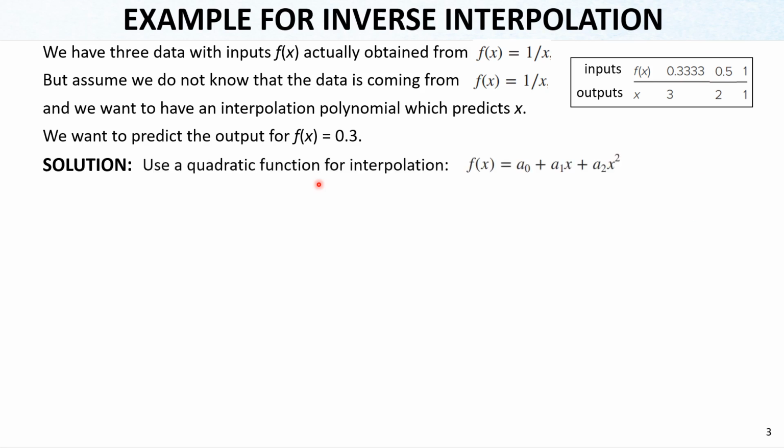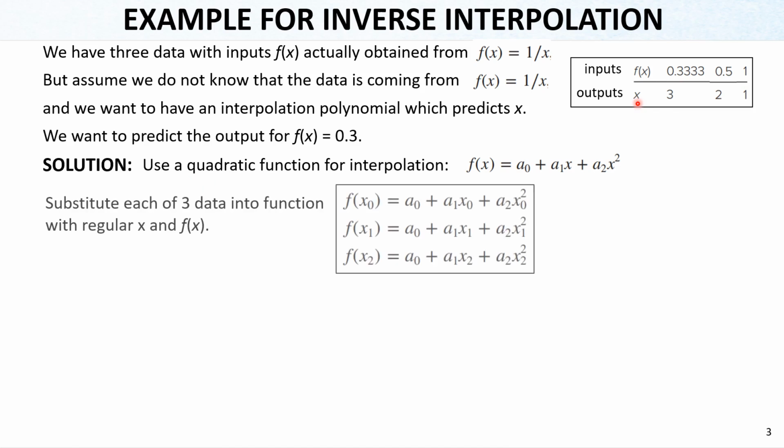Initially, we are going to use an interpolation function. We simply use the quadratic function with 3 constants, because we have 3 data points, and maximum we can use this quadratic. We can also use linear, but because we have 3 data points, why not use the quadratic function. Let's substitute each of the 3 data points into the function with regular x and fx's.